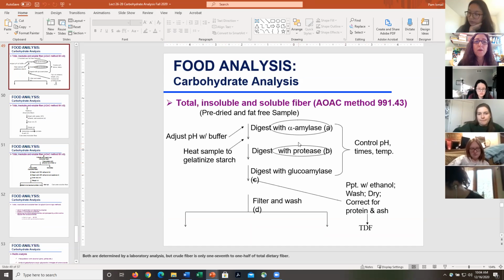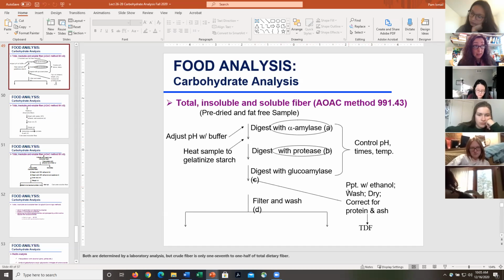Then these will remain soluble with any other soluble sugars that you have. So when you hydrolyze everything and they remain soluble, and if you add ethanol, your soluble and insoluble fiber will precipitate. And you can get total fiber that way if you add ethanol at that step.